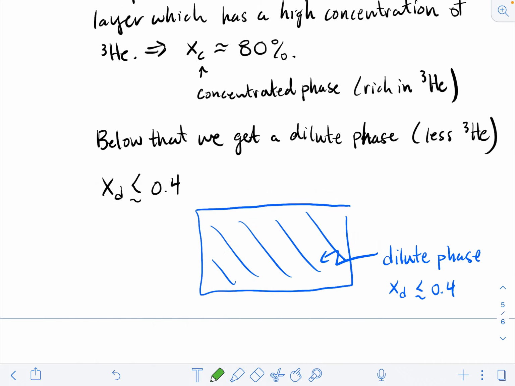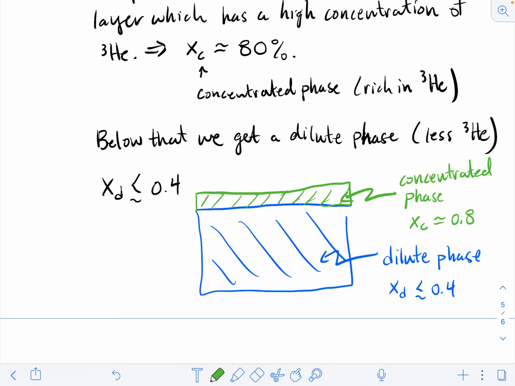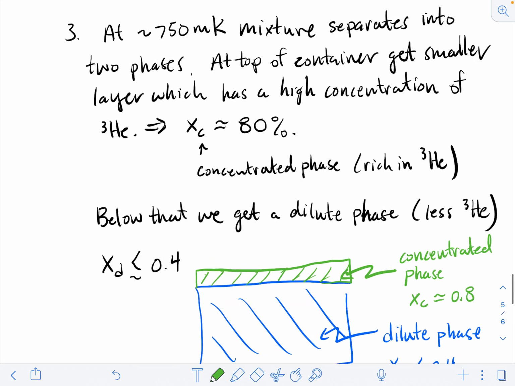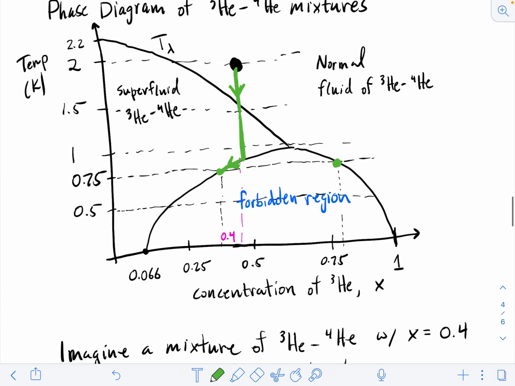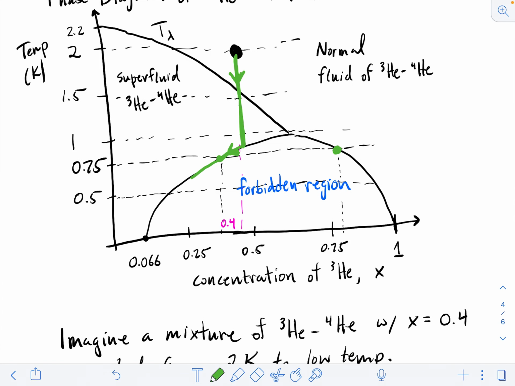And then on top of that, we have our rich phase, our concentrated phase, where XC is around 0.8. Okay, so we've begun our phase separation here, and then as we cool further, we follow this dome, and maybe we go to 0.5 Kelvin. And so over here, we're going to follow this dome, and we get to 0.5 Kelvin over here.